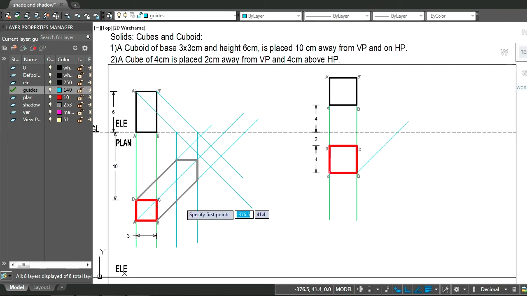So like we did in the previous question, the first 3 points which receive the light rays will be projected out. Right. Okay.